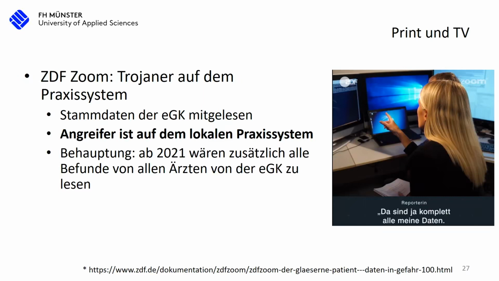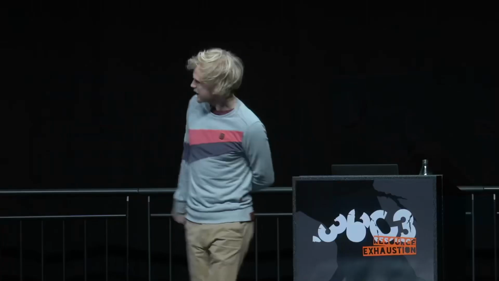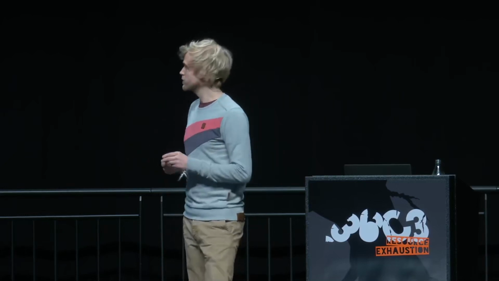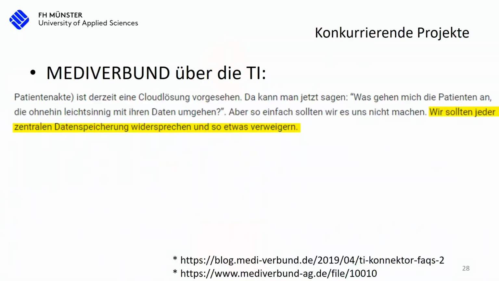But the relevancy of the other protection mechanisms is questionable once you have a Trojan on your system, because the Trojan could just read the unencrypted data that you have stored anyway, so you don't need access to the telematic infrastructure. So we should really discuss this, because this is a big problem, and we really should change this to be more correctly implemented.